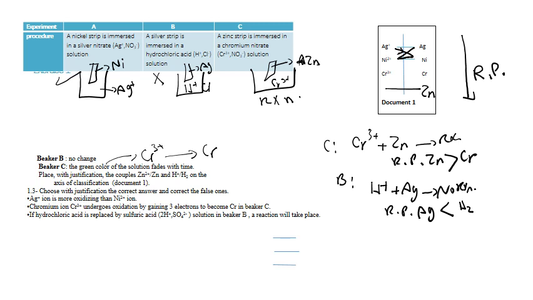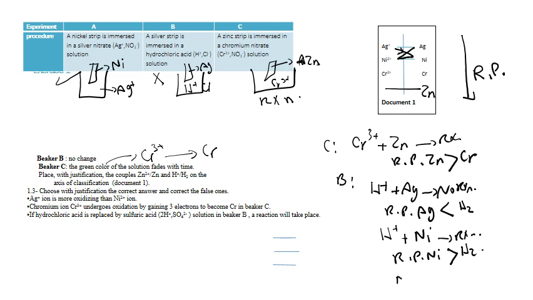To have the correct position of H+/H2, we have a note given in this exercise that indicates that we have a reaction between H+ and Ni. Since we have a reaction, the reducing power of Ni is greater than that of H2.